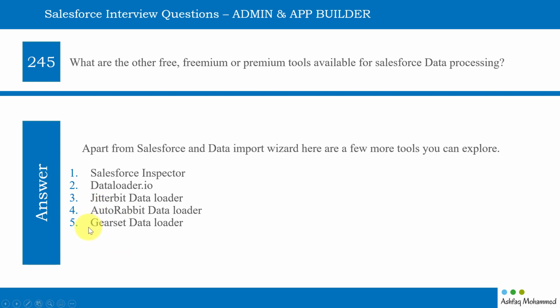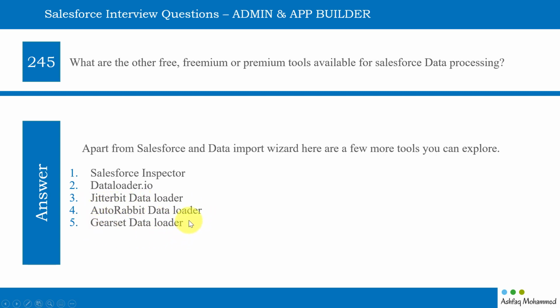The best part of these two things, AutoRabbit and Gearset, is let's suppose you have 5 objects. Okay, and these are parent and child objects, right? You just select the first object, which is the parent, and automatically it will pull the related child objects, and it will automatically map the data and automatically parent the data as well, right? You don't have to worry about it.